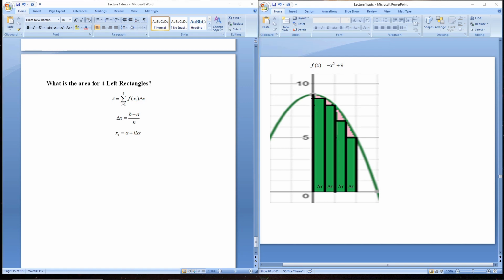So here are the 3 equations that we're going to get our information from. Let me write down what is given here. What is given is our starting point, our ending point, and n, the number of rectangles. Given this information and our 3 equations, we can figure everything else out.